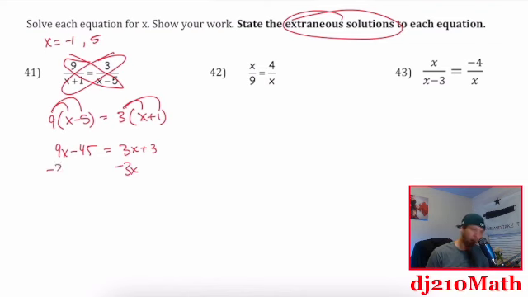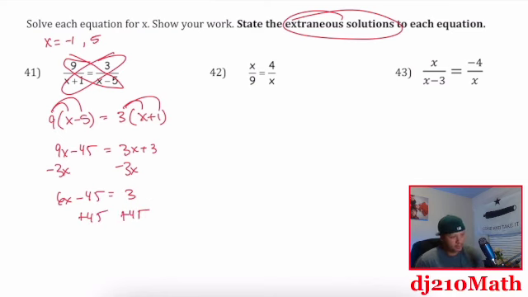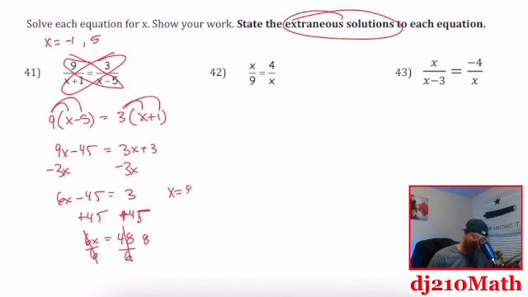Minus 3x, minus 3x. 6x minus 45 equals 3, plus 45. 6x is equal to 48. That's supposed to be a 5, guys. And this is supposed to be a plus. Okay, divide both sides by 6. X is equal to 8. Now, is 8 one of the excluded values? No, it's not. So 8 works. It's the only thing that works, actually.